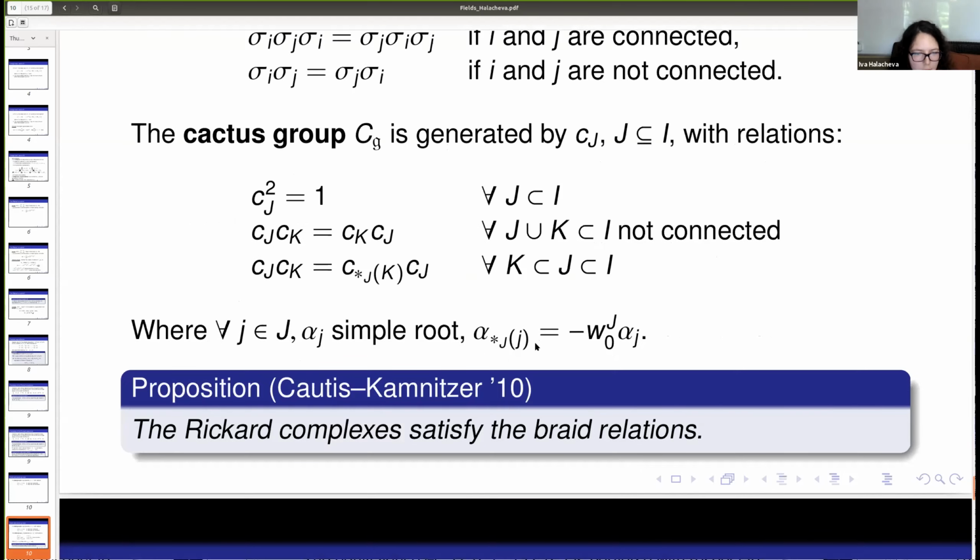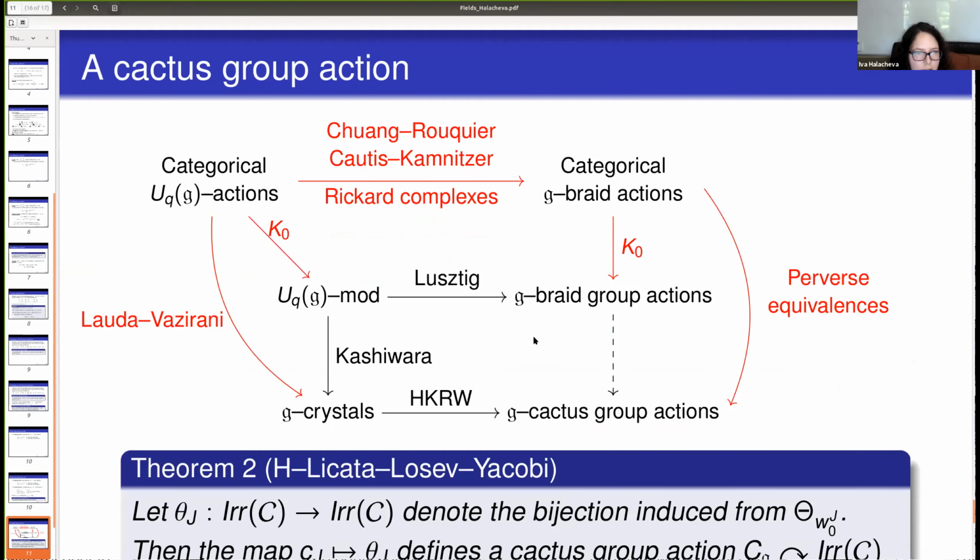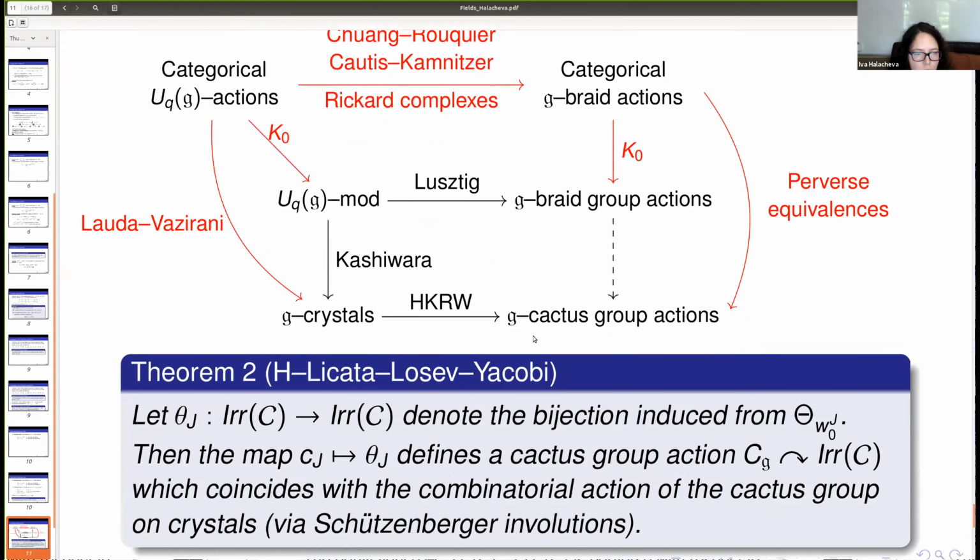So going back to this picture, we have the Rickard complexes giving us a braid group action. But since they're perverse equivalences, in particular, we also know that they induce a bijection on the simple objects of the underlying category.